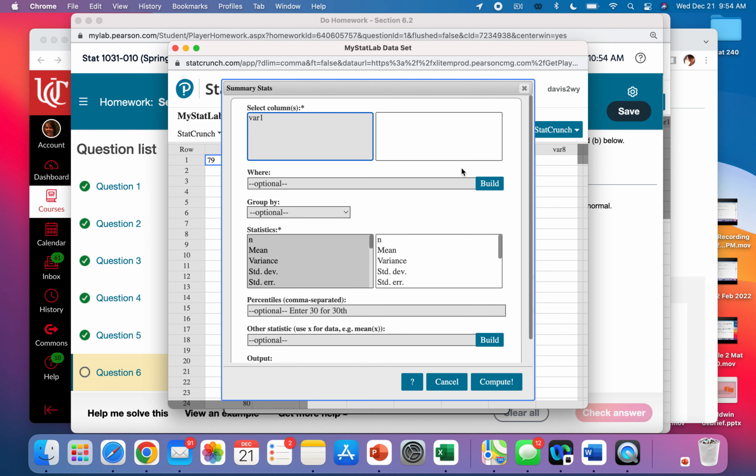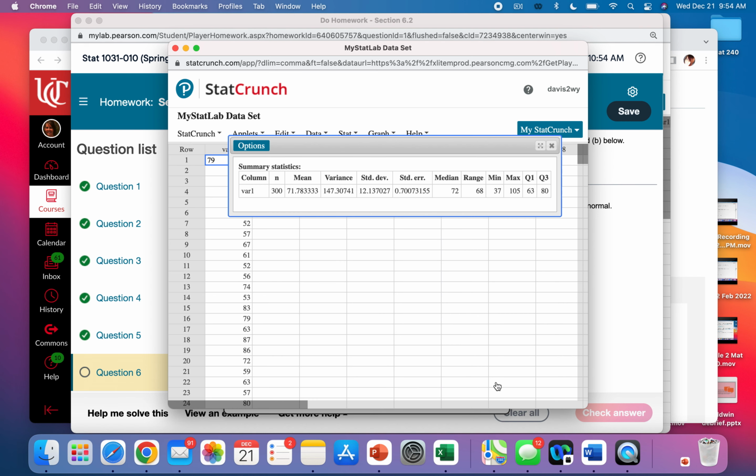Columns. Select variable 1. It's okay if we do all of these things, less clicking. So what is our mean? Now I'm going to write down all of these numbers. 71.783333. Standard deviation 12.137027.